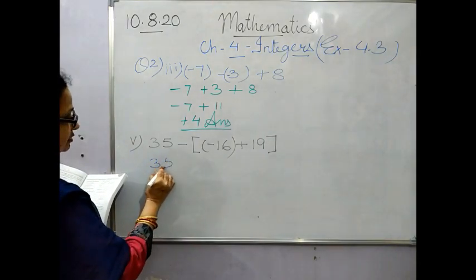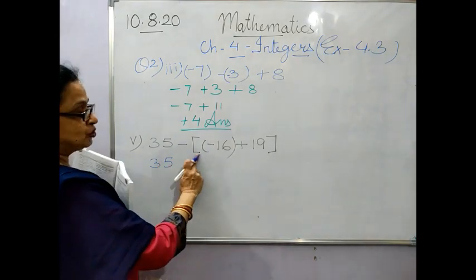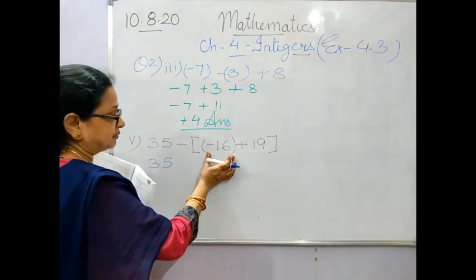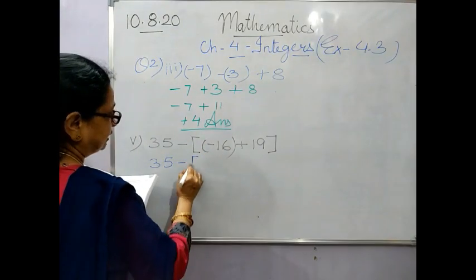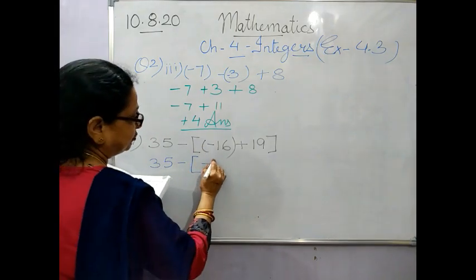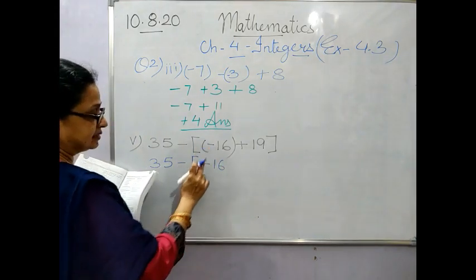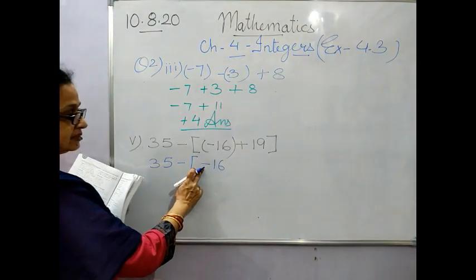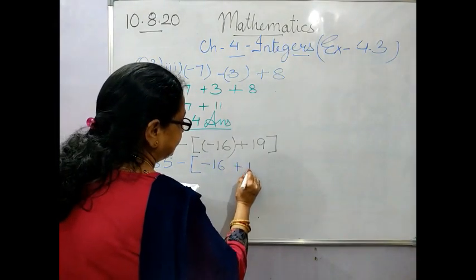Now see children, there are two brackets. So first we will solve the inside bracket, the simple one. It is plus outside and minus inside, so plus minus is minus. If it is plus, the sign comes out as it is, plus 19.